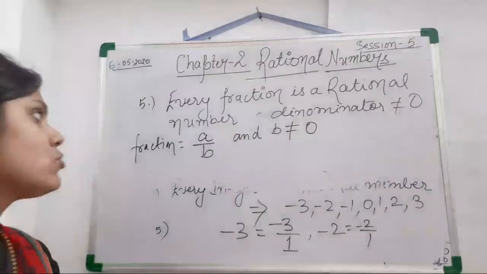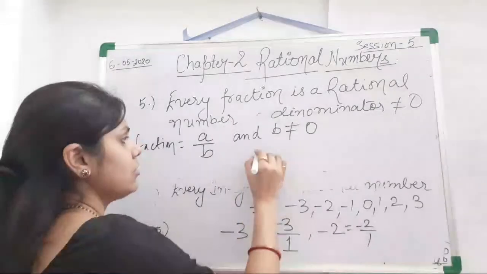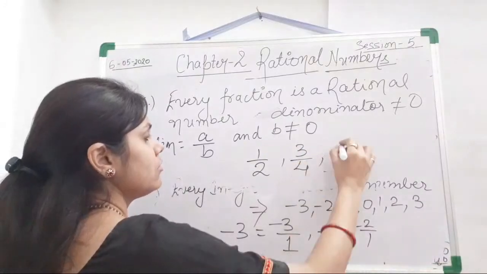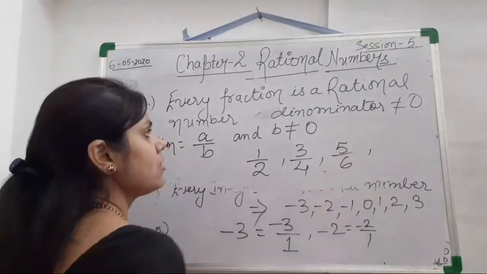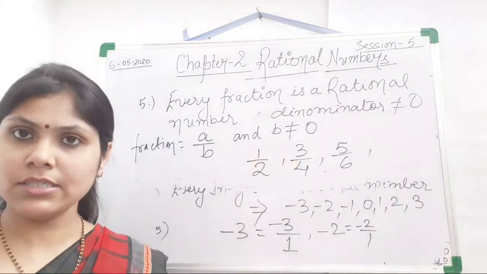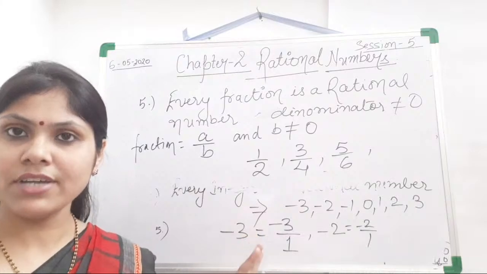Fine. So a upon b fractions: 1 upon 2, 3 upon 4, 5 upon 6. You can see that these are all fractions we have done.